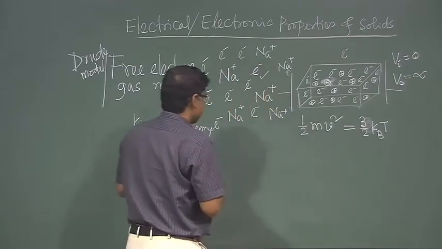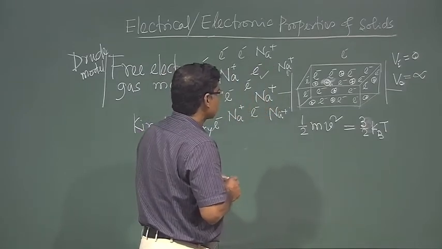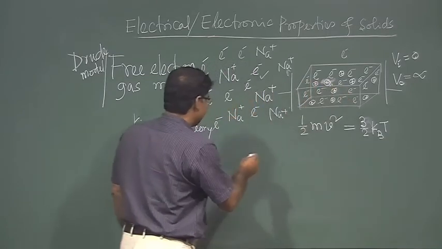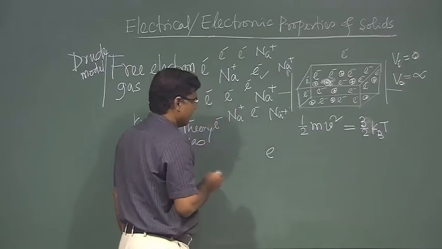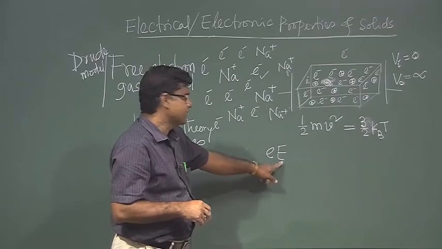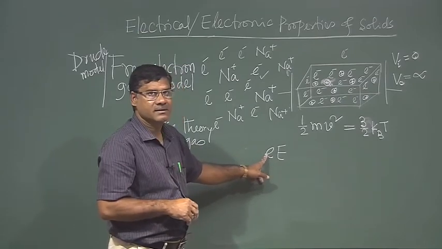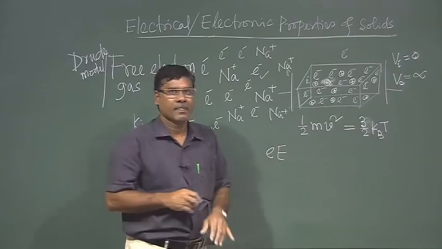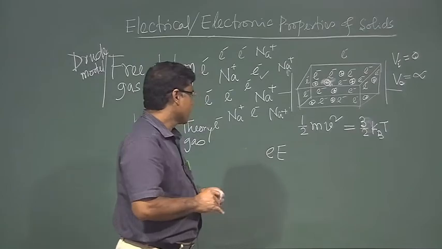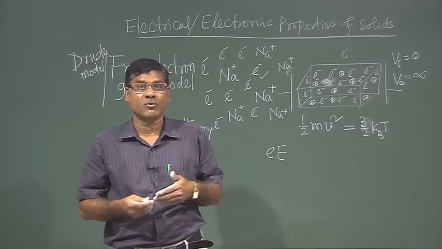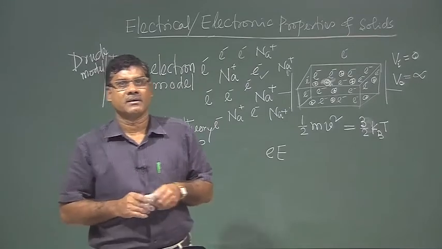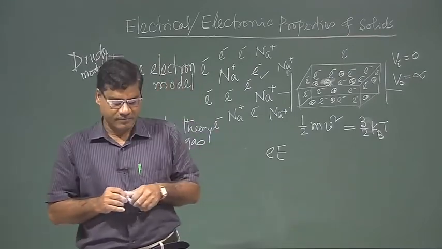Because of the electromotive force, that electron will feel a force. If the electric field is E and the charge is small e, then this eE will be the force acting on an electron. Because of this force, it will move, it will be accelerated. When a force is acting on a particle, it will be accelerated, right.